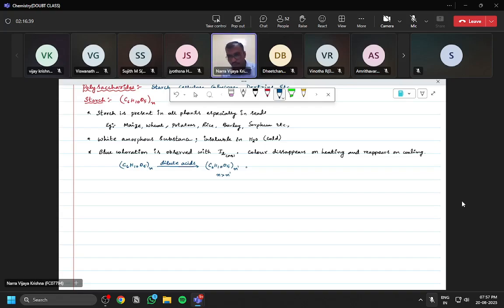On further hydrolysis it gives maltose. This on further hydrolysis gives glucose. This, with the enzyme diastase, gives maltose.